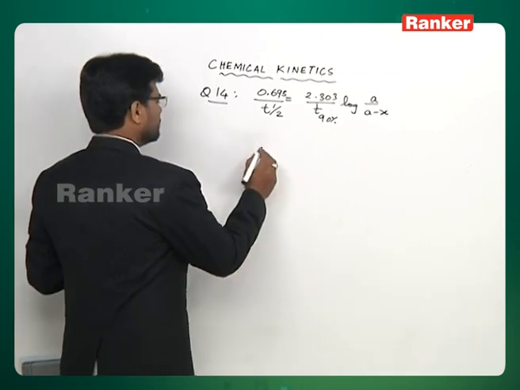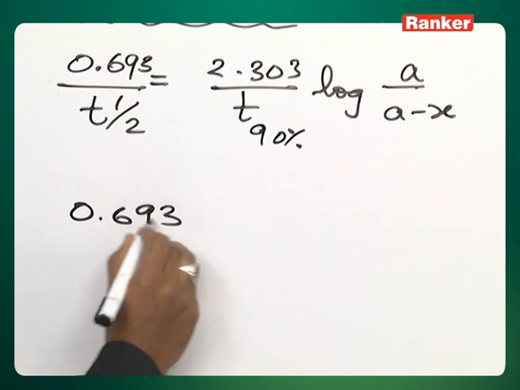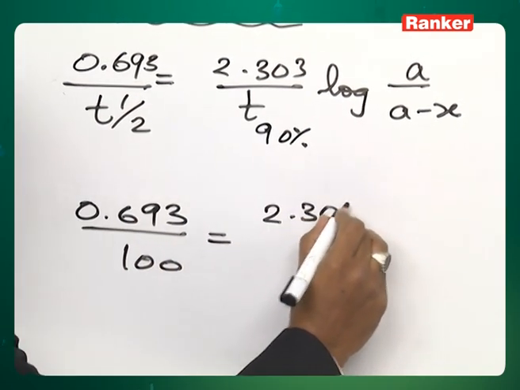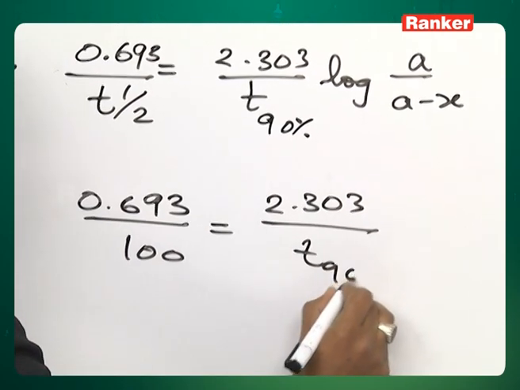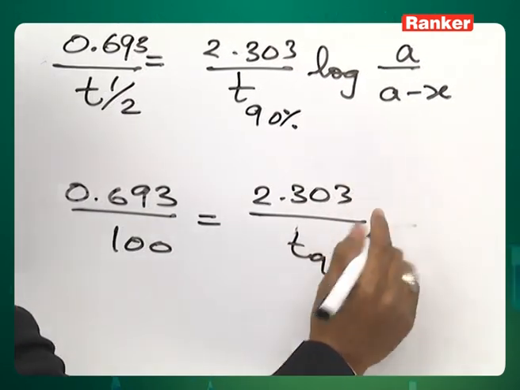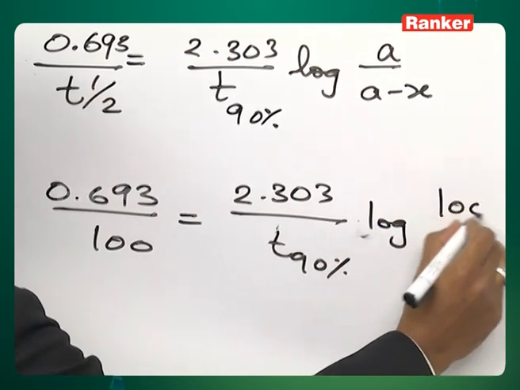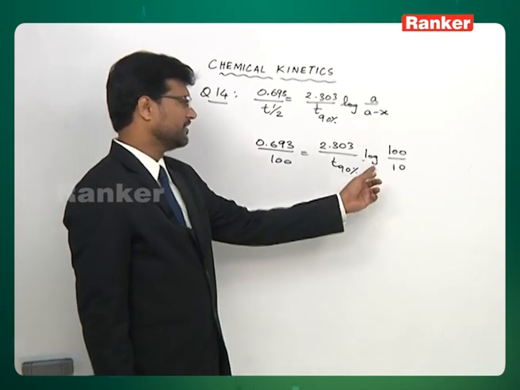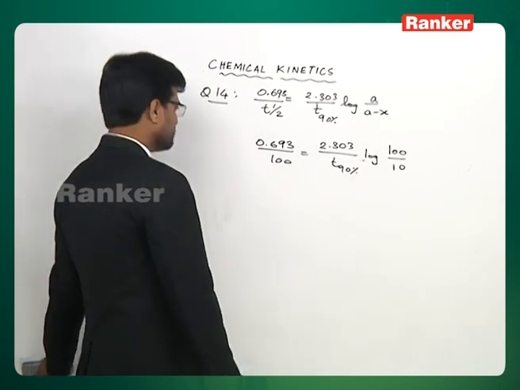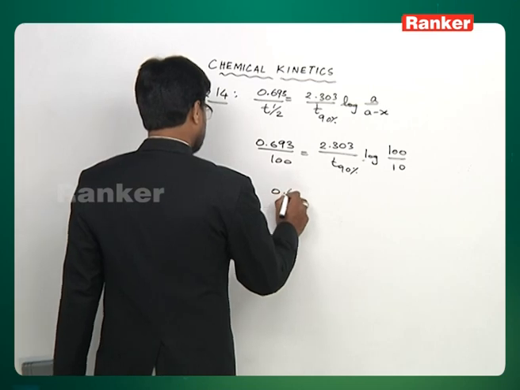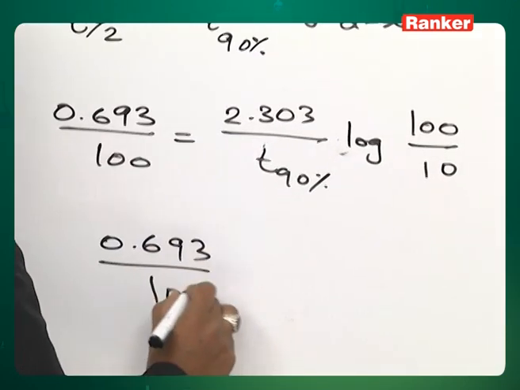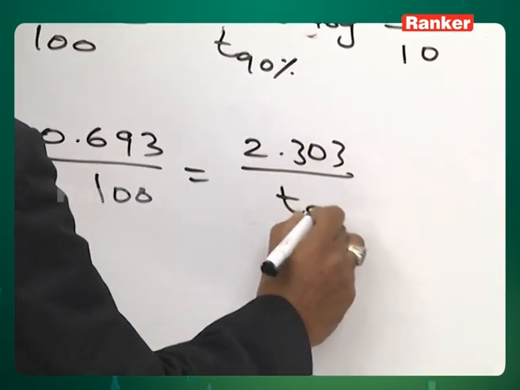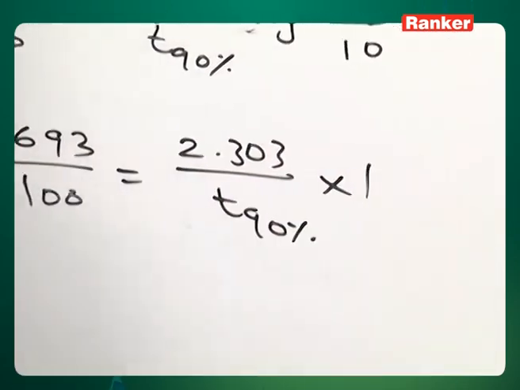So 0.693 / 100 = 2.303 / t 90% × log 100/10. Log 100/10 is nothing but log 10. Log 10 is equal to 1. So this becomes 0.693 / 100 = 2.303 / t 90% × 1.